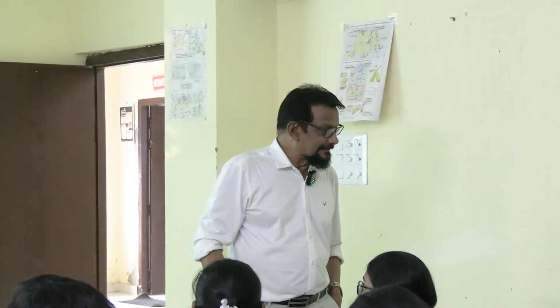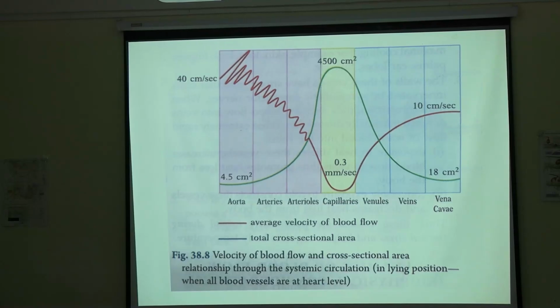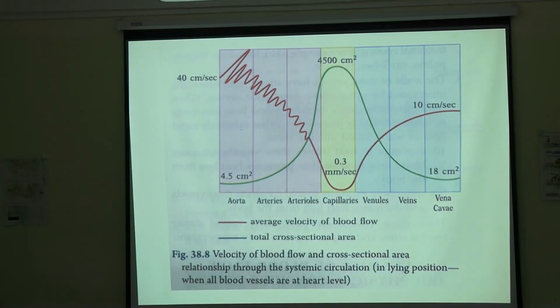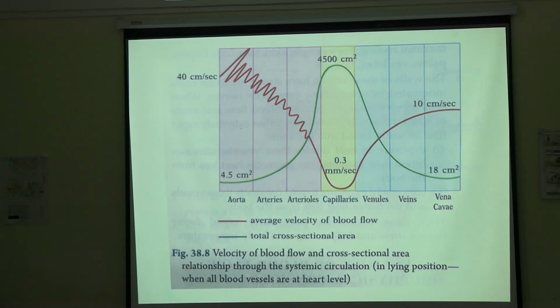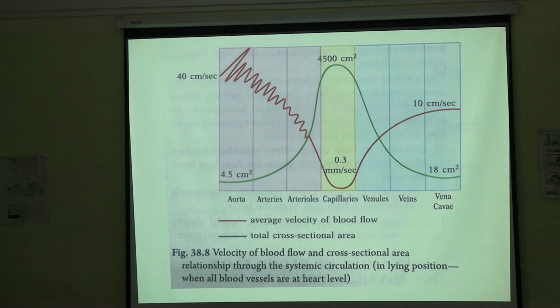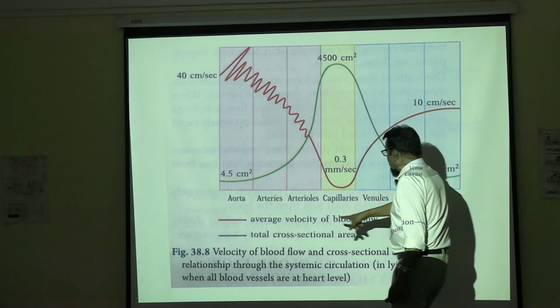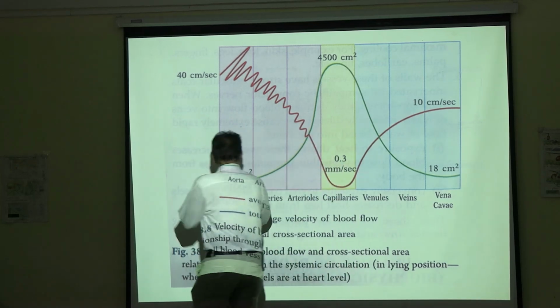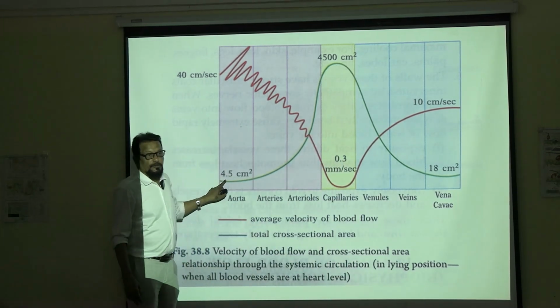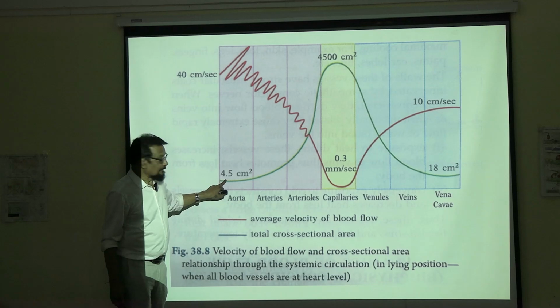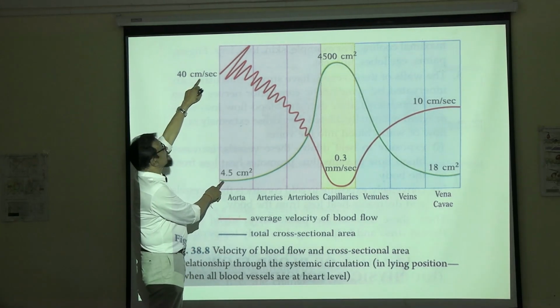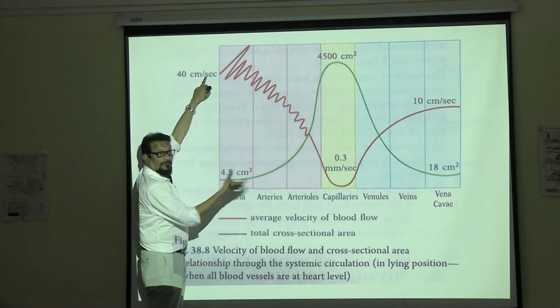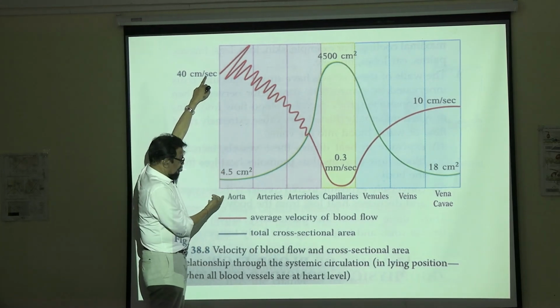It participates in thermoregulation. Here, one thing is explained: the relation of cross-sectional area of blood vessels with velocity. This is the cross-sectional area, 4.5 cm square, in the aorta, and it is having a velocity of 40 centimeter per second through the aorta.